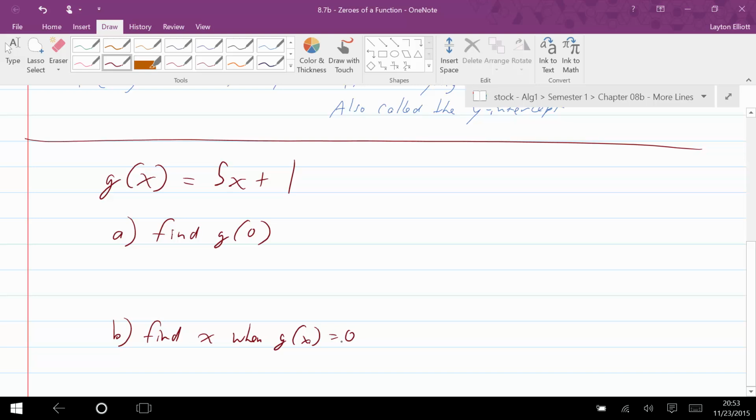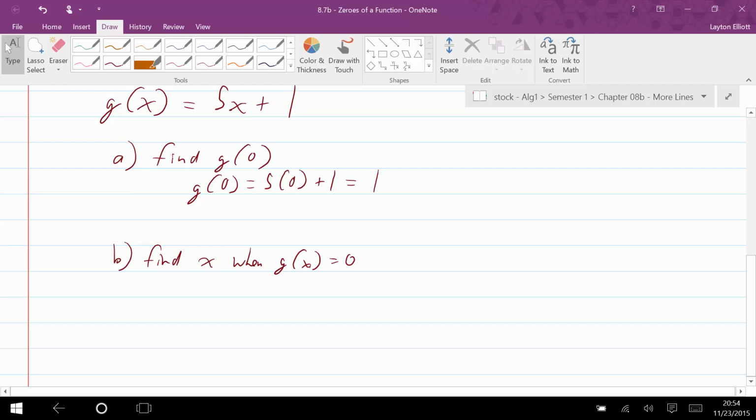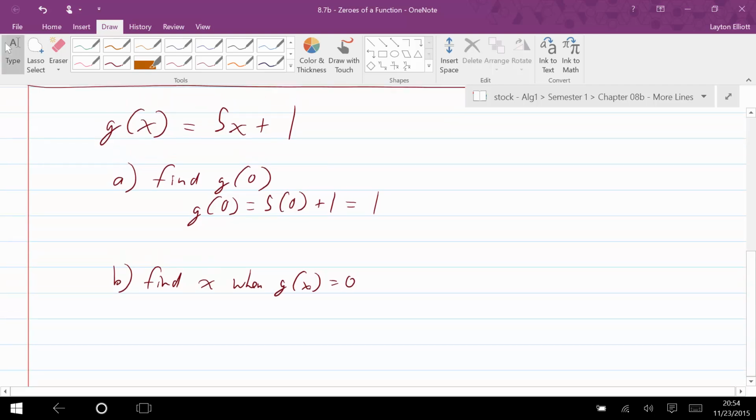Now, to understand what these directions are saying, the first one is saying to take 0 and plug it in for x. So g of 0 equals 5 times 0 plus 1, which is just 1. Finding x when g of x equals 0 means that instead of plugging in 0 for x, I am actually going to set the whole equation equal to 0.